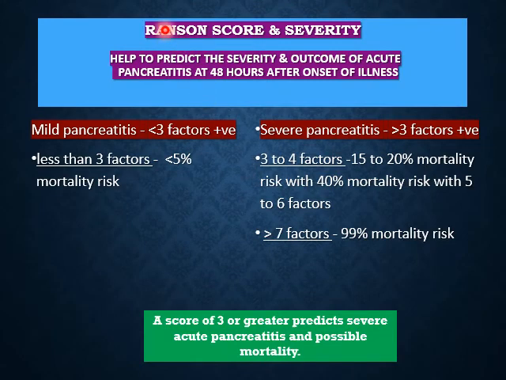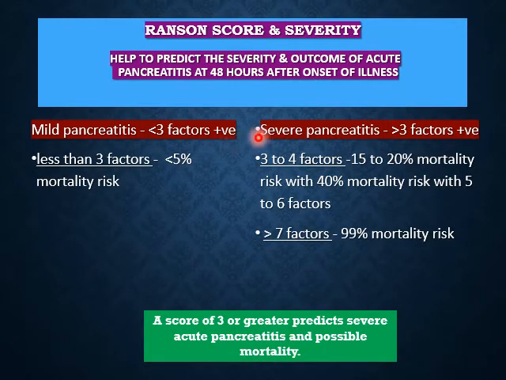The severity of the condition can be determined by the score, according to the Ranson score. The Ranson score helps to predict the severity and outcome of acute pancreatitis at 48 hours after onset of illness. It can be mild or severe pancreatitis. Mild pancreatitis is when fewer than 3 factors are positive, and in these cases the mortality rate is much lower, less than 5%.